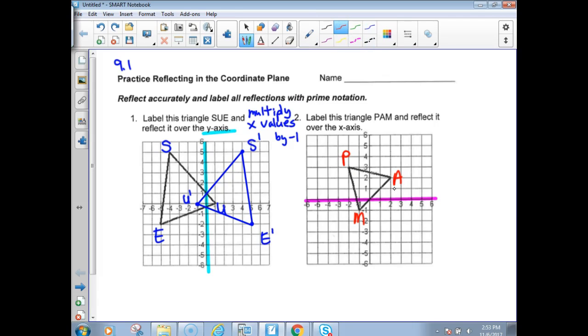And reflecting over the x-axis, point P is 3 above the x-axis, so we'll go straight down 3 below. Label it P prime. A is 2 above, so reflect it over 2 down. And M is 1 below the x-axis, so go vertical with the x-axis up and label M prime.